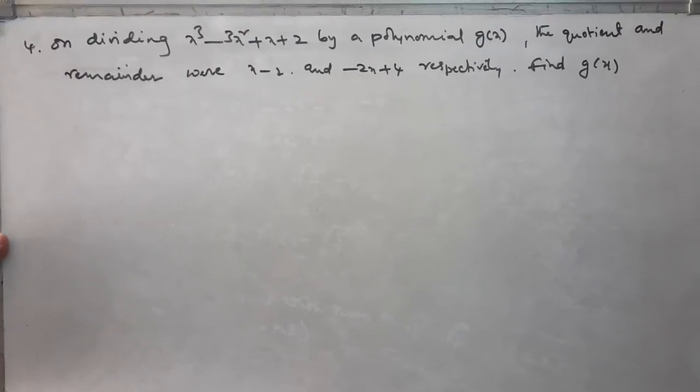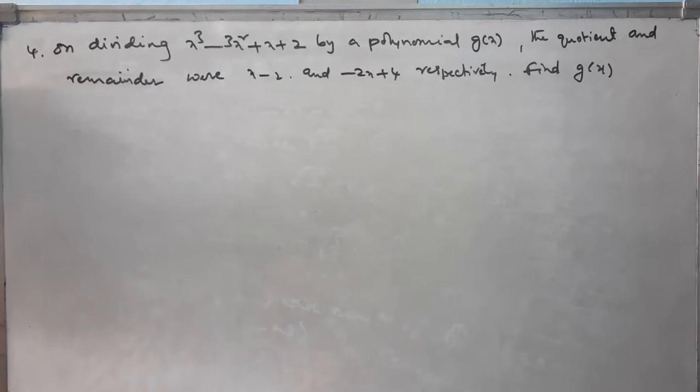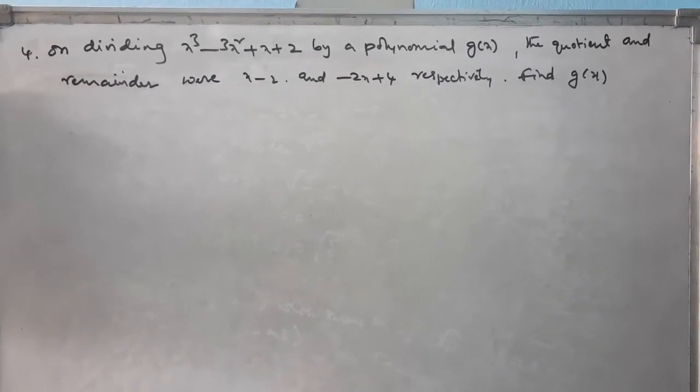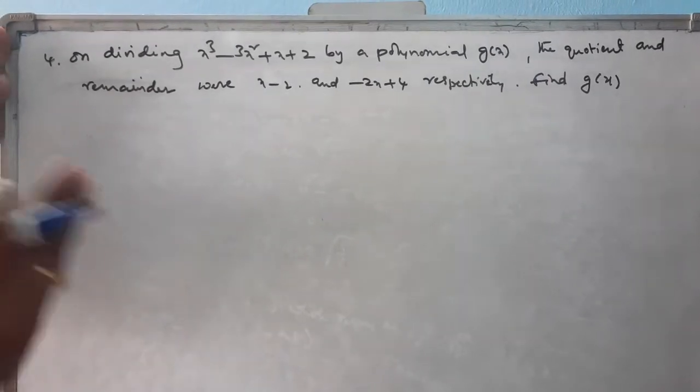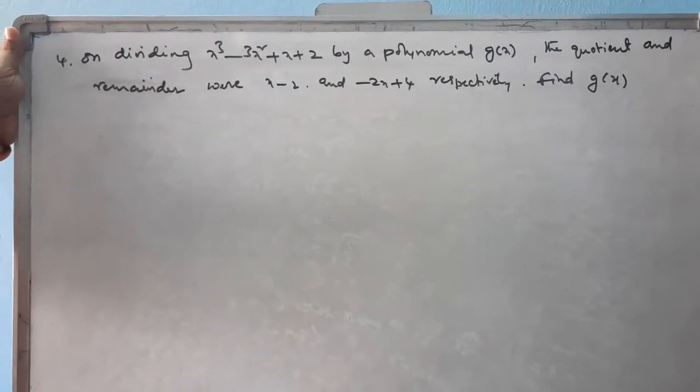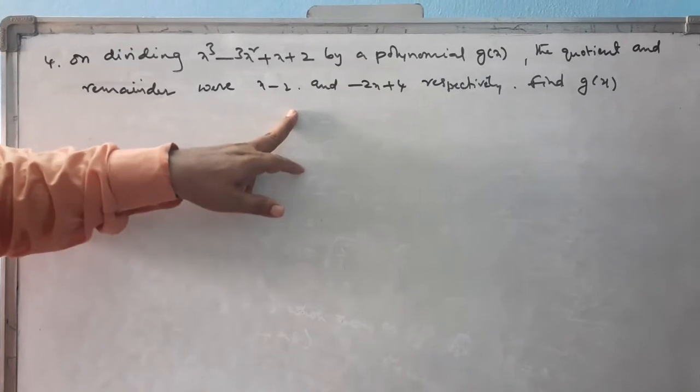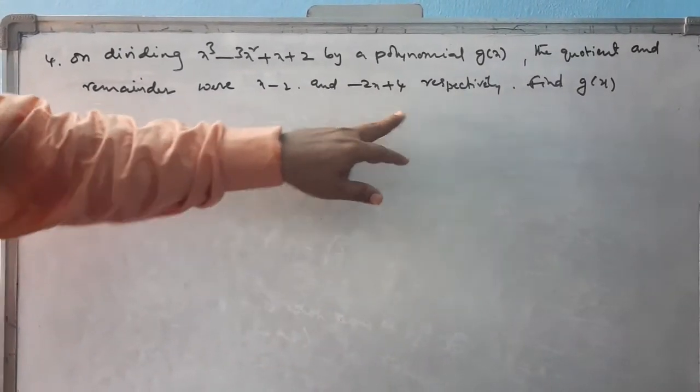The fourth problem: on dividing x cube minus 3x square plus x plus 2 by a polynomial g of x, we are getting the quotient and remainder as x minus 2 and minus 2x plus 4.